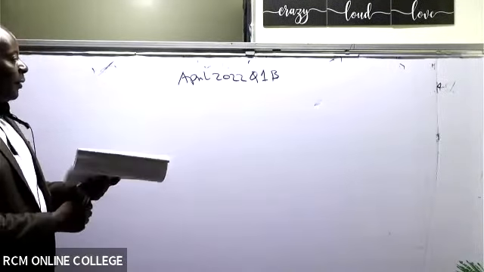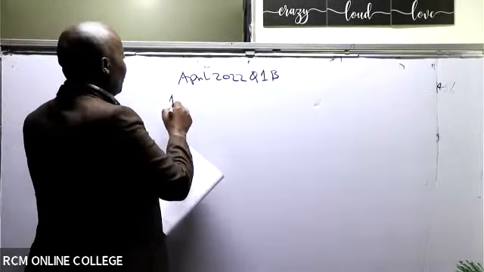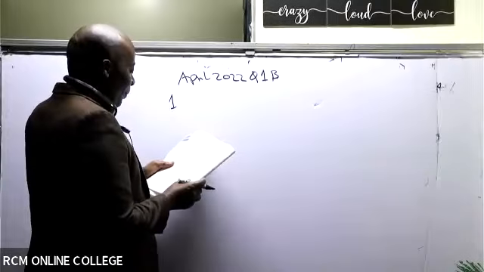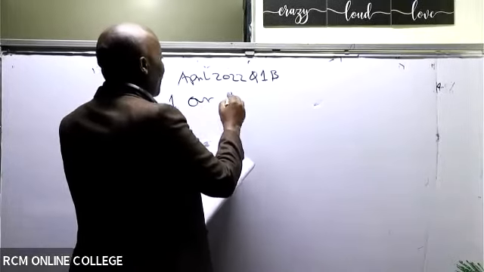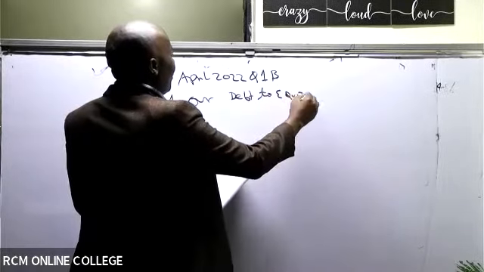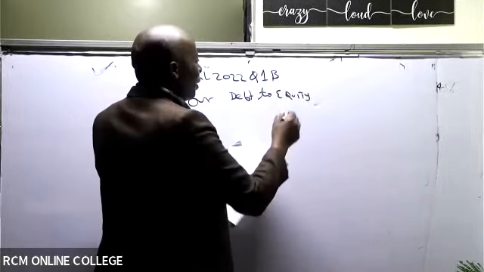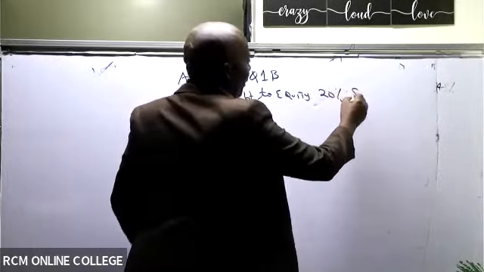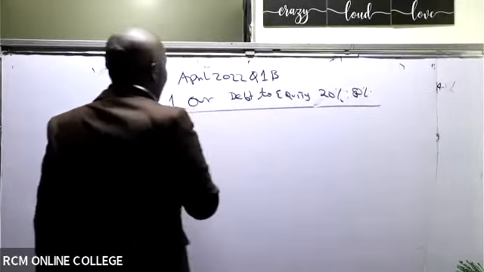So we do number one. If our debt to equity ratio is 20% to 80%, we start the process here.